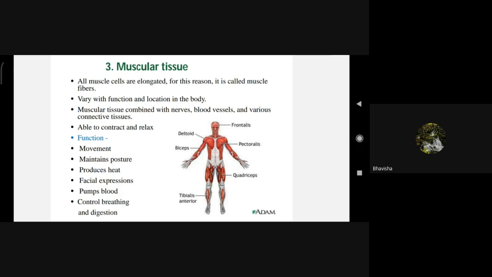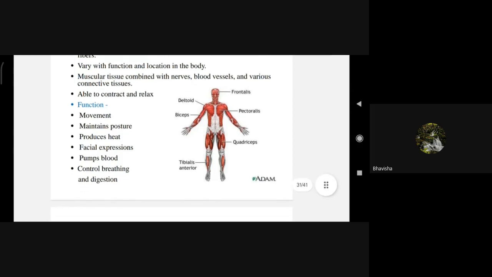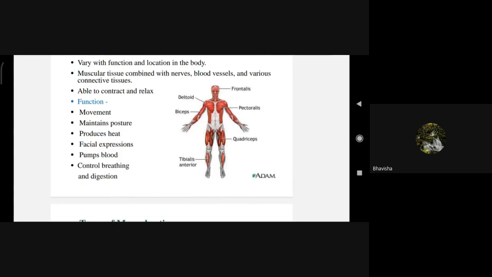The functions of muscle tissue are movement, maintaining posture, producing heat, facial expressions, pumping blood, and controlling breathing and digestion.